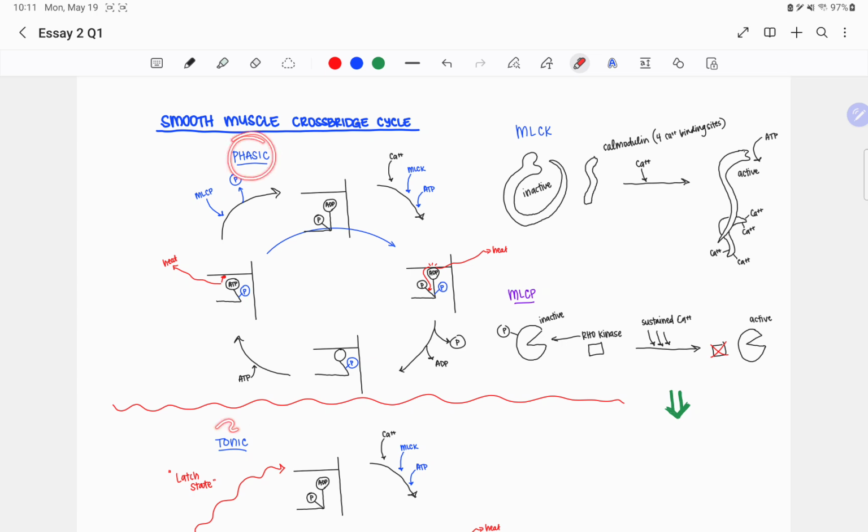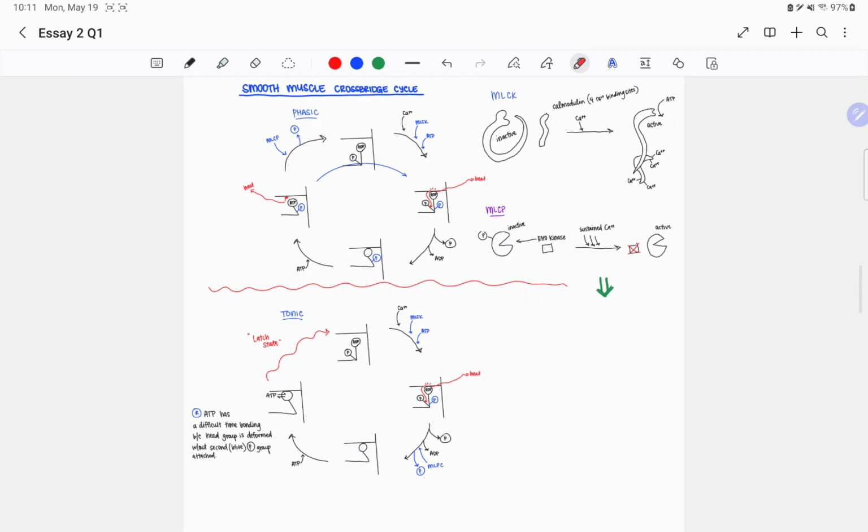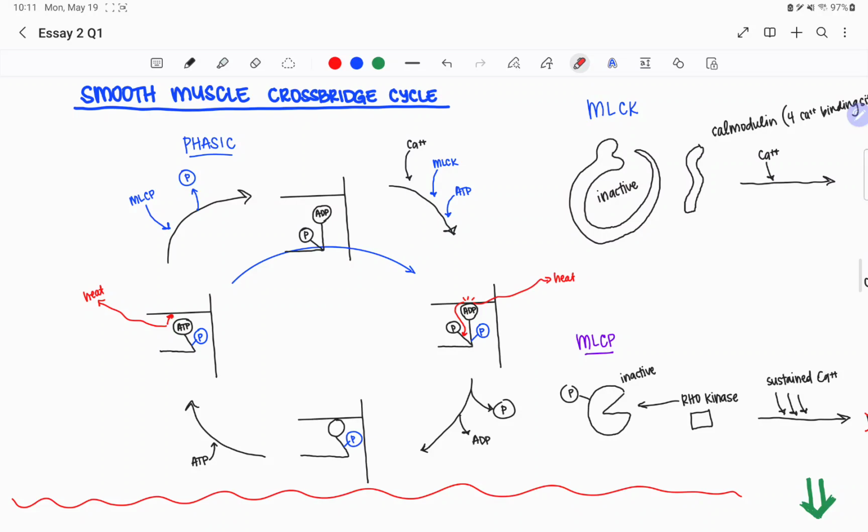You'll see a phasic and tonic cycle. So we're going to jump in. We're going to talk about phasic first, okay? So with phasic, first thing you need to know about myosin in smooth muscle is that this head group is ugly. That's the best way I can describe it. It's not a nice head group.